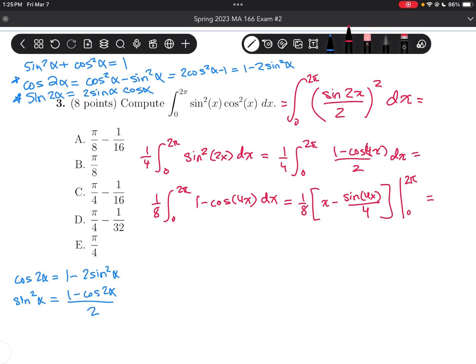So now I just plug in my bounds. I get 2 pi minus the sine of 8 pi, which is 0, and then subtract 0 minus the sine of 0, which is also 0. So this is equal to pi over 4, meaning the answer to problem 3 is E.